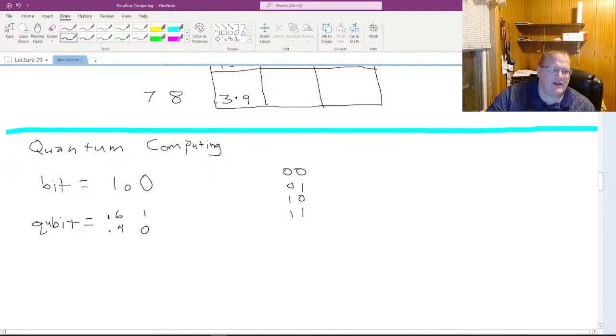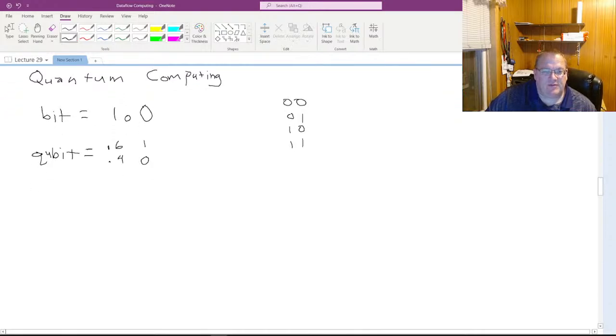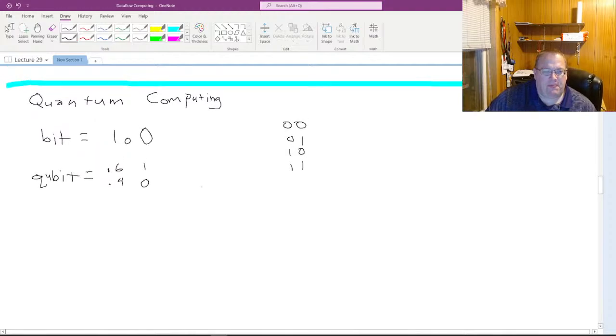So I can just simply write it down, no problem. Now, in a qubit, if I have 2 qubits, it's not that simple. Because you see, I need both of these 2 pieces of information.